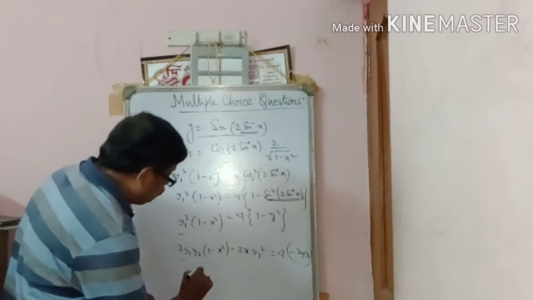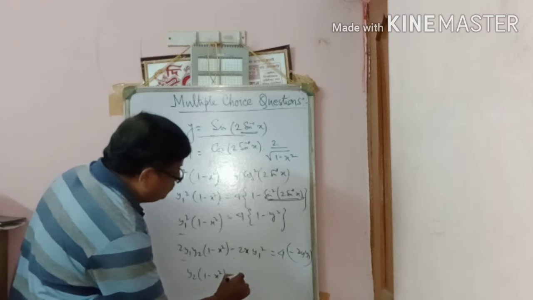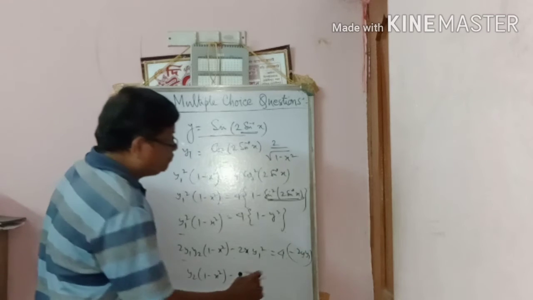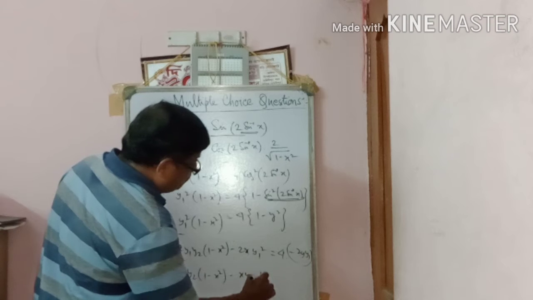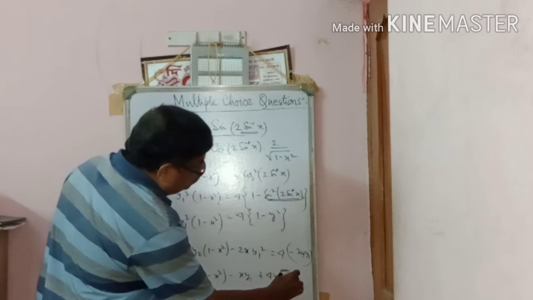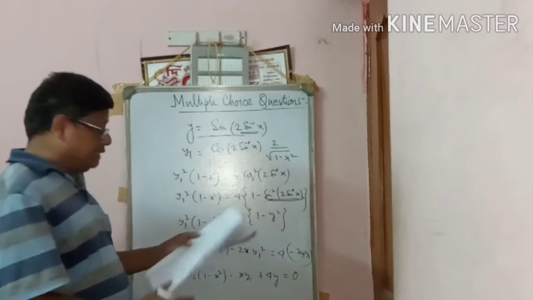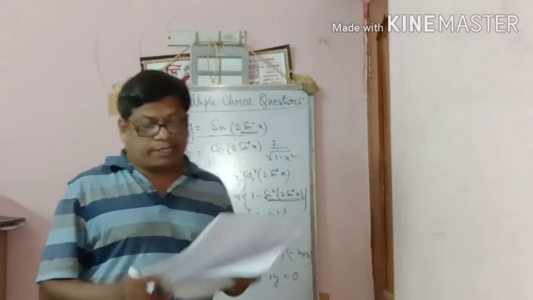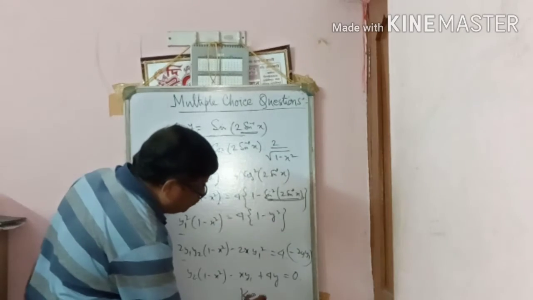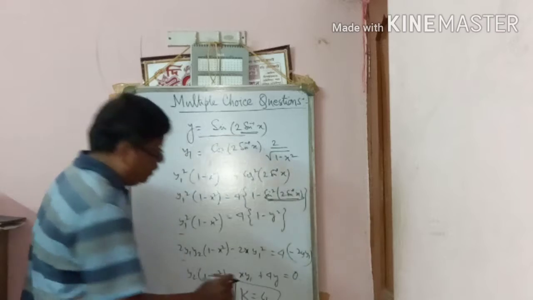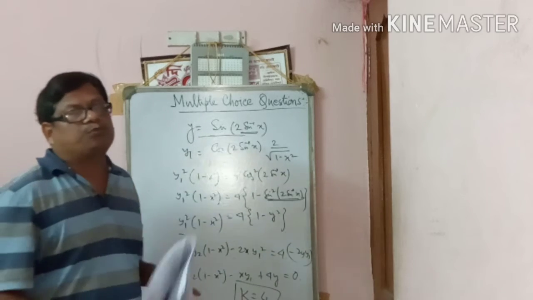So write y2 into 1 minus x square minus x y1, and minus 4y moves over, so it will be plus 4y equal to 0. Here it is given k y. Then the value of k equal to 4.